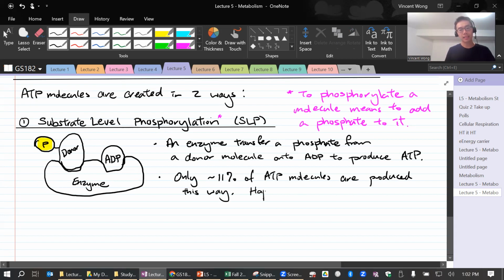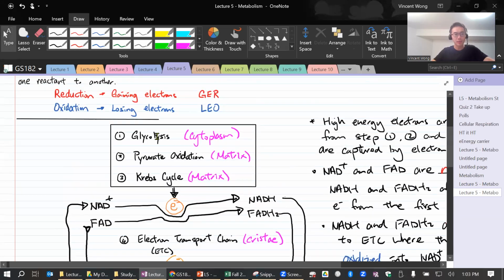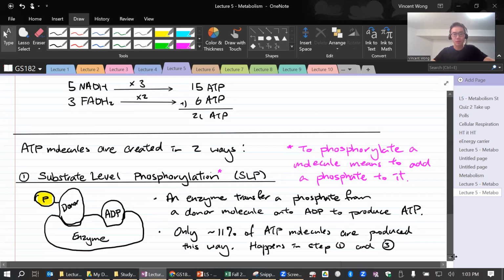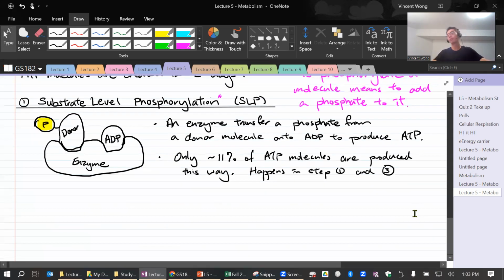It happens in step 1 and 3. Step 1 is glycolysis. Step 3 is Krebs cycle. So this is not the main way of producing ATP.